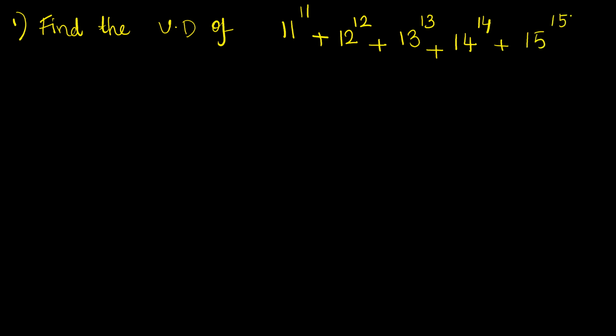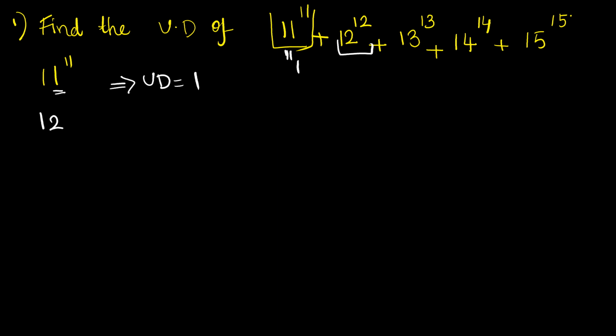Okay. First we'll take the term 11 raised to 11. Here the unit digit is 1. For 1 the unit digit is always equal to 1. Therefore the unit digit of this term is equal to 1.